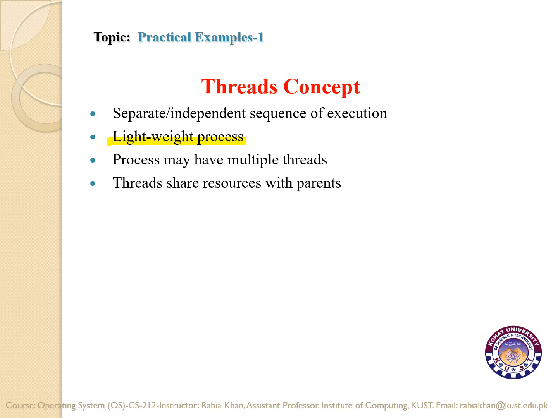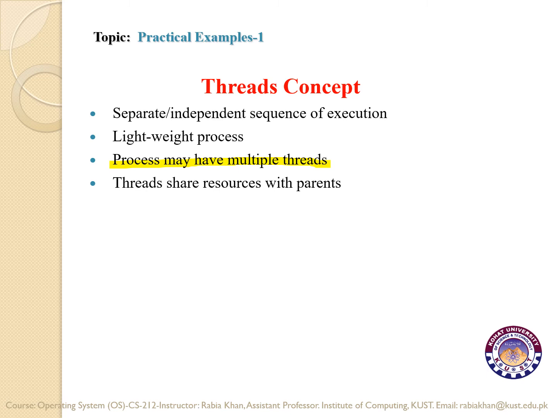So your program may have multiple threads. As I just said, a process can have multiple threads. That means if your program is divided into different functions, it will have different independent sequences of execution.